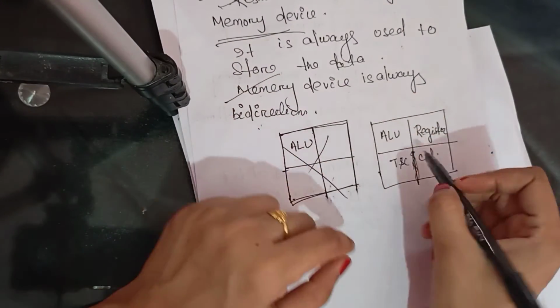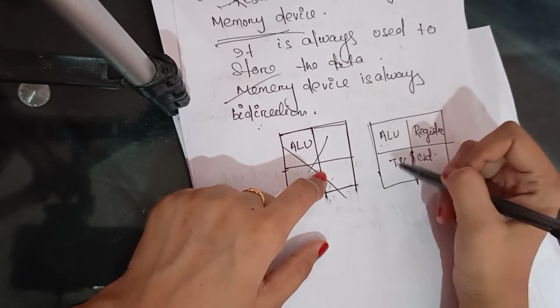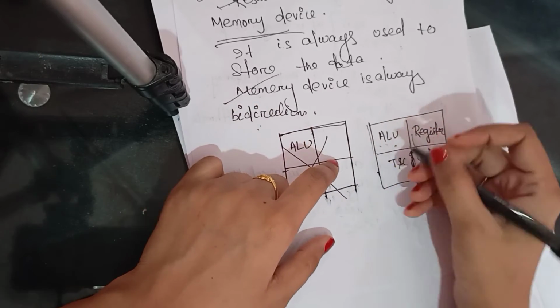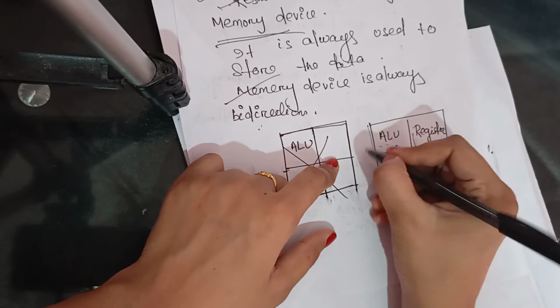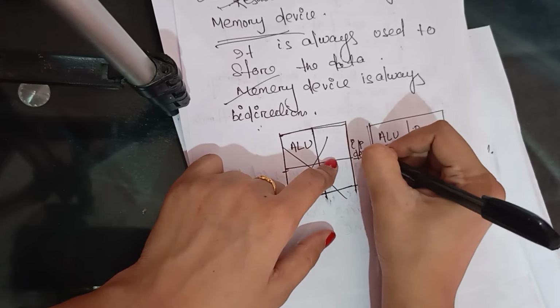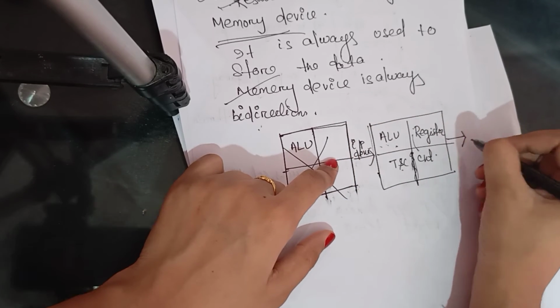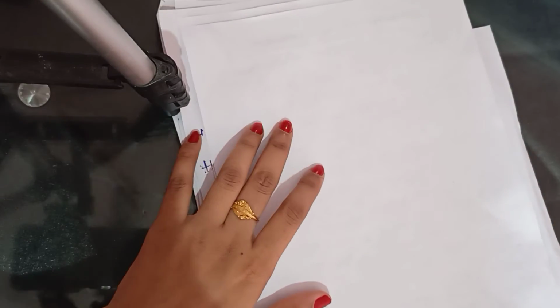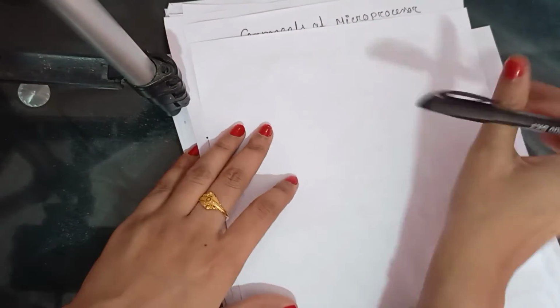Then this is the diagram, the inside of the chip. Here is present your arithmetic logic unit. This is your register. This is your timing and control circuit. And this side is your input device, and this is your output device. I am doing it again clearly.